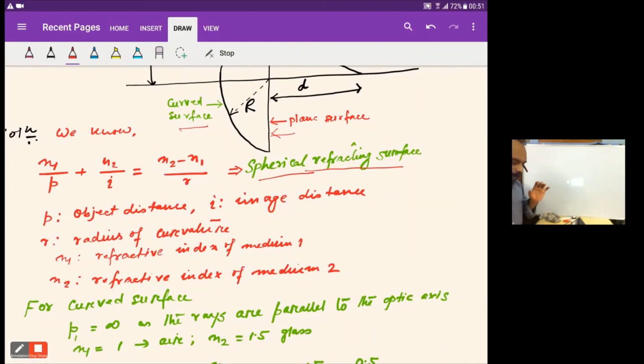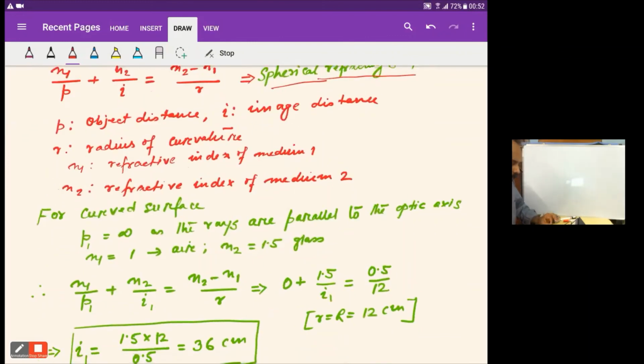So here, as it is given, the ray is parallel to the optic axis. Therefore, we can easily say that our object is located at infinite distance. n1 is the refractive index of air, which is 1, and n2 is the refractive index of the glass, which is 1.5. We are using p1, i1 for the curved surface and p2, i2 for the flat surface to distinguish them.